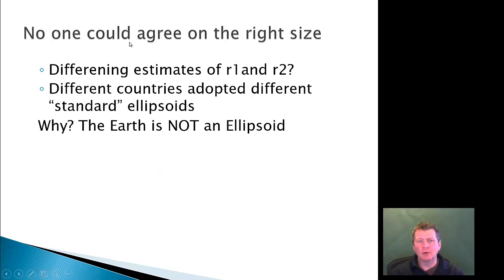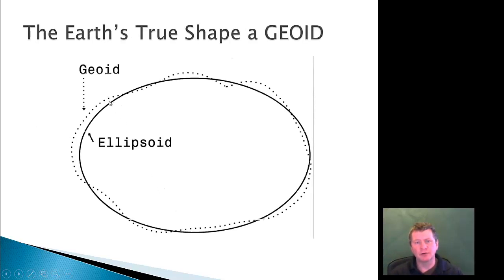It turns out that no one could agree on the right size. Different countries came up with different standard ellipsoids. The reason is that the Earth is not an ellipsoid, and so different countries would have values of R1 and R2 that would work better for their particular country. So that's what they wanted to use. But since it's not an ellipsoid, it turns out that there are other variations. The Earth's shape is a geoid. If you take an ellipsoid, which would have a nice smooth shape, the geoid wanders around, above and below this particular shape.